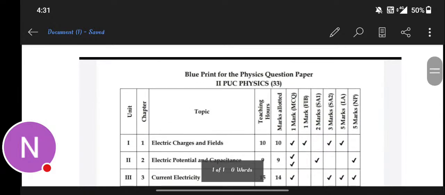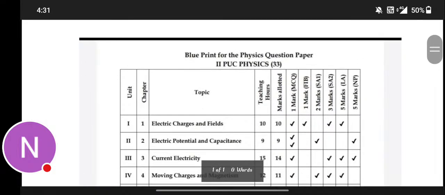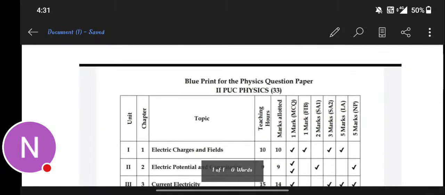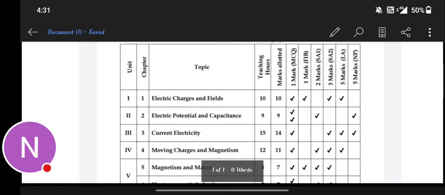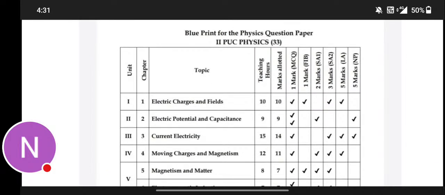So totally it is 1, 1, 3, and 5, that is 10 marks. So totally 10 marks from this chapter you may get in your 12th board exam 2023.